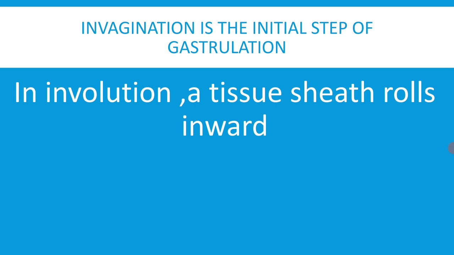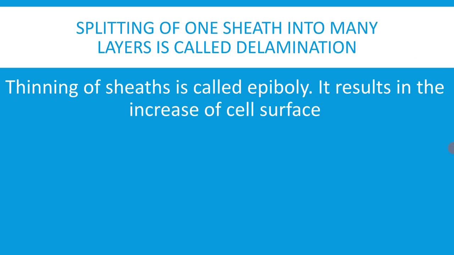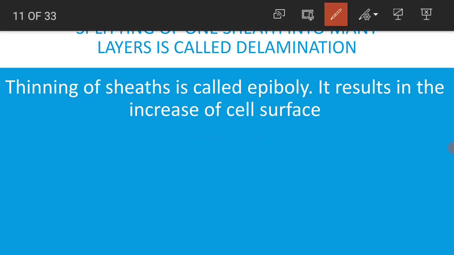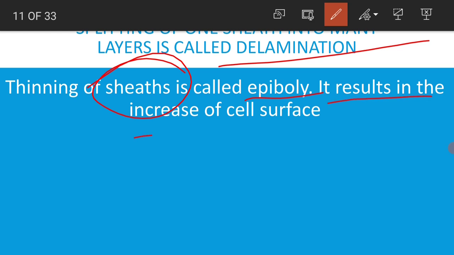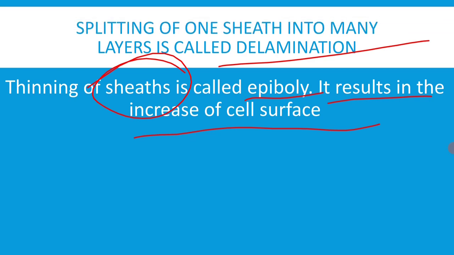In involution, a tissue sheath rolls inward, and splitting of one sheath into many layers is called delamination. And thinning of sheets is called epiboly. It results in the increase of cell surface. No doubt during the process of epiboly, the cell is being thinned, but at the same time there is a clear-cut increase in the cellular surface.